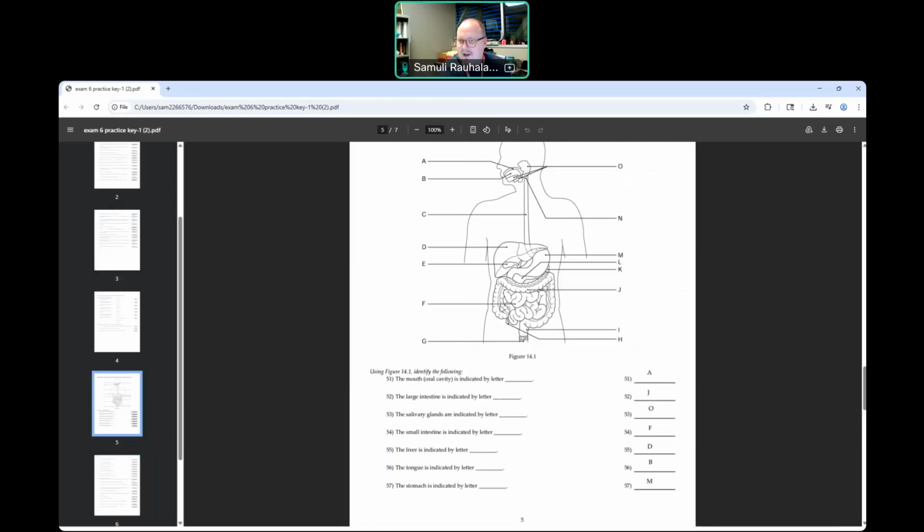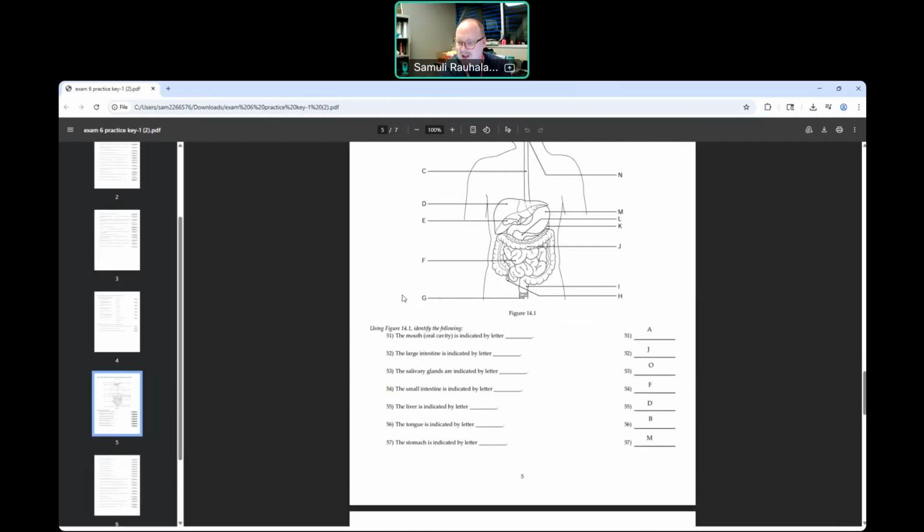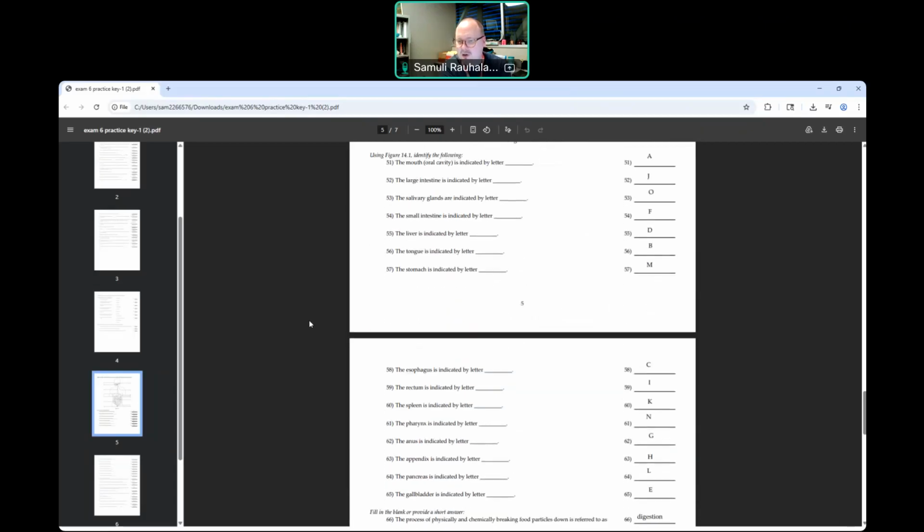These are all part of the large intestine shown with letter J and question 52. We finish off with letter I, indicating rectum, as noted in question 59, and anus is letter G, as seen in question 62.